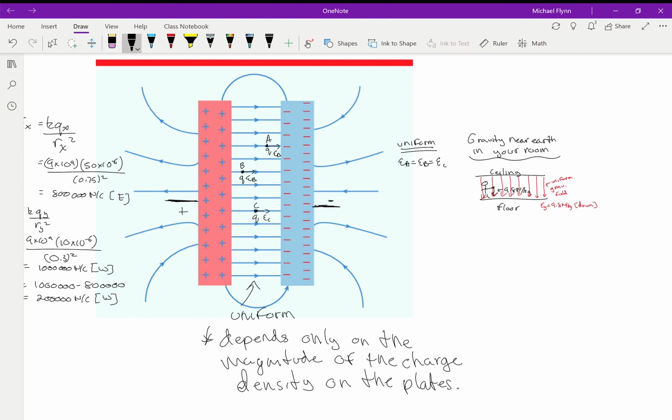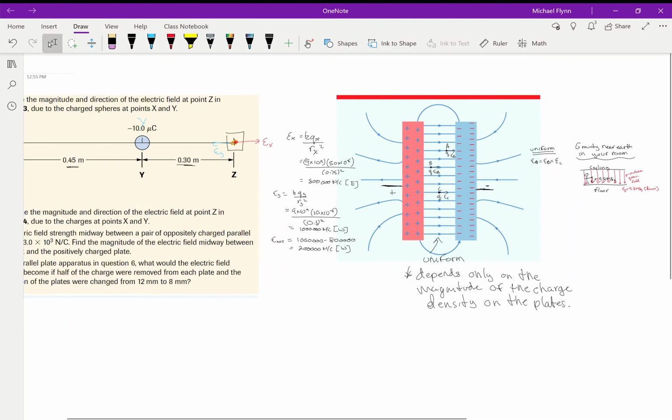That's what it depends on. So like so much charge per unit area, like coulombs per square meter of plate. So anyway, that's it. All right, now let's get back to these questions.